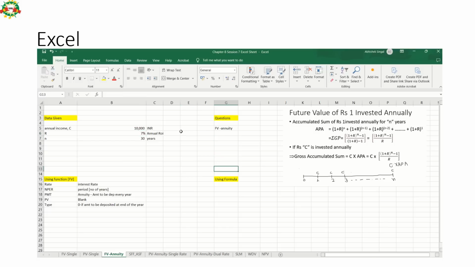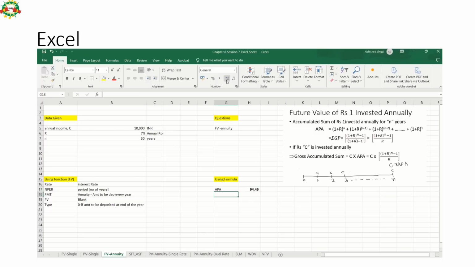Using the formula given here, the value of 1 rupee invested for the next 30 years, considering 7% interest, will be equal to bracket 1 plus R bracket close raised to power period, bracket close minus 1, bracket close divided by R. This is 94, let us take it to 2 decimals.